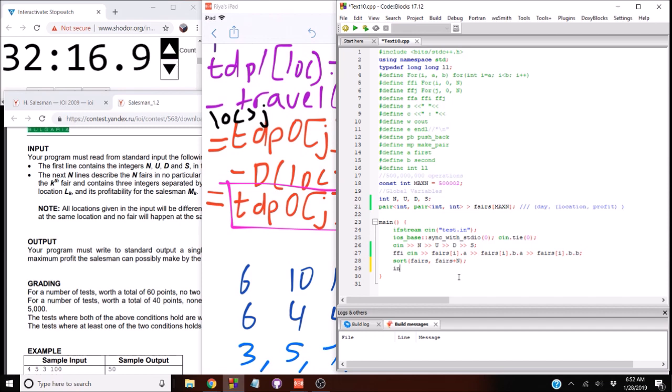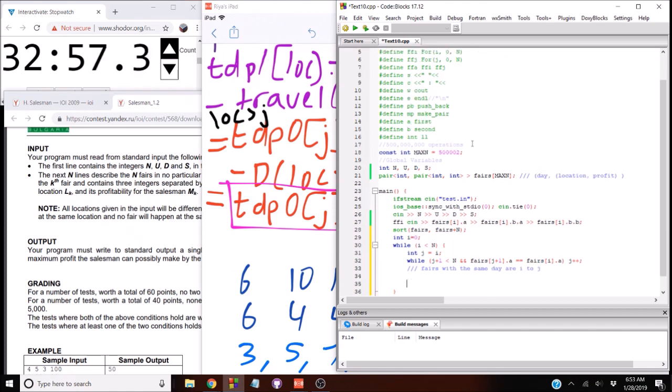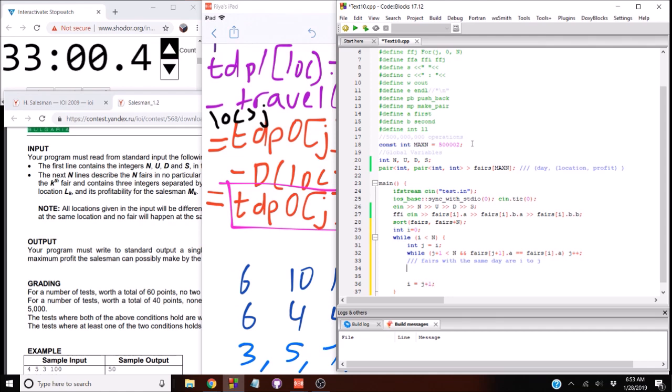So, okay, now the fares with the same day are i through j. And then at the end, i equals j plus 1, because that's the next day.